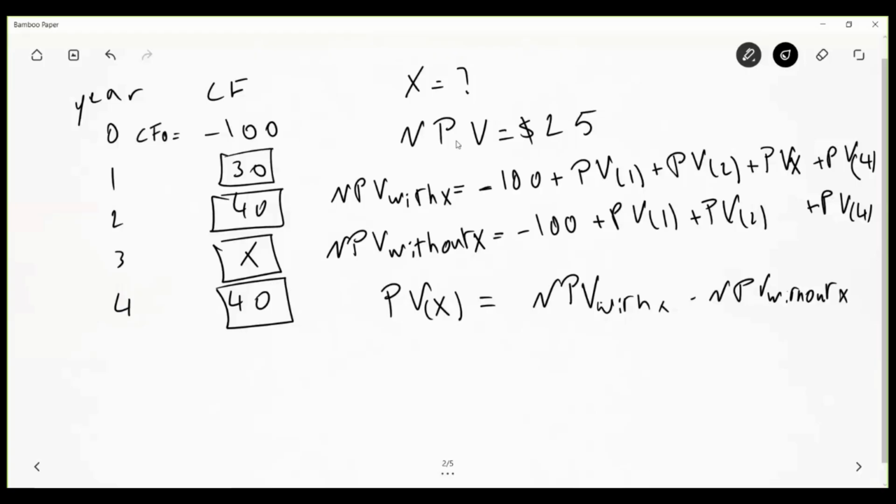CF0 is minus 100, C01 is 30, C02 is $40, C03 I enter this value as 0, and C04 is $40.